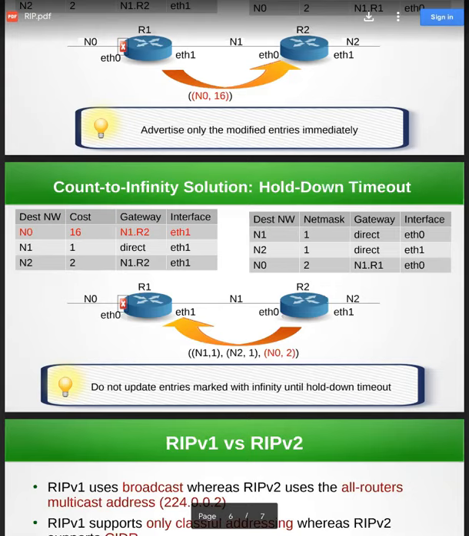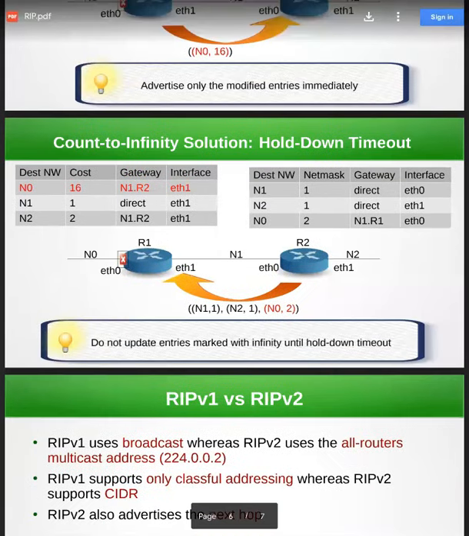I'll give time so that this information spreads to the whole network. And even after that, if I keep getting some better routes, it means that there are alternate paths to that network and I can use them. I'll update it at that point of time, not immediately. So this is the hold down timeout. So these are the 4 solutions that RIP uses.